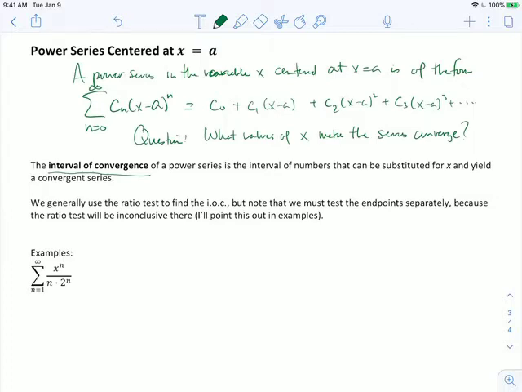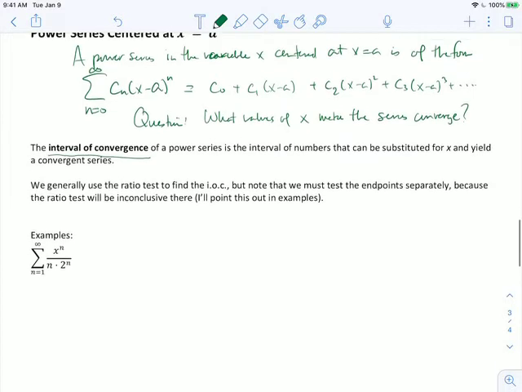We are generally going to be using the ratio test to help us find it. But because the ratio test is inconclusive when the ratio is equal to 1, we're going to have to do other things to test whether the power series converges at the endpoints of the intervals that we're going to find.